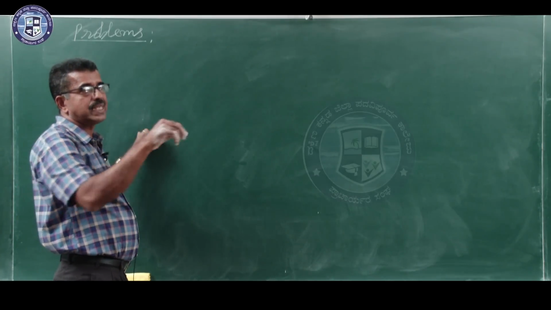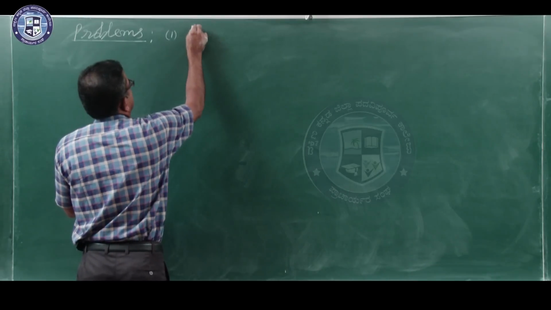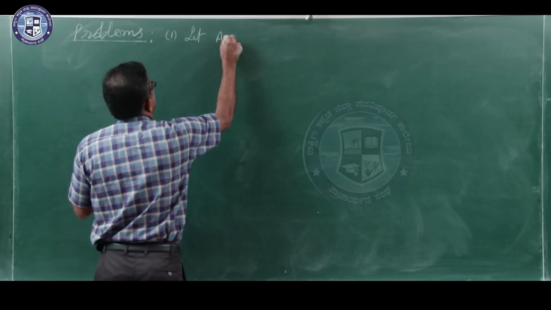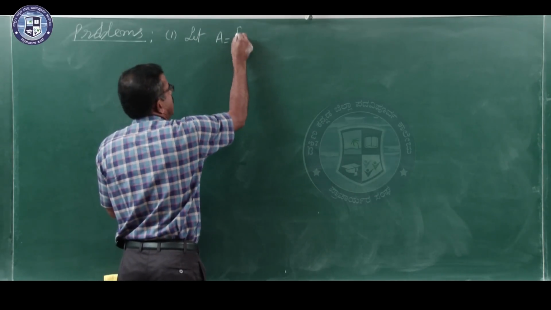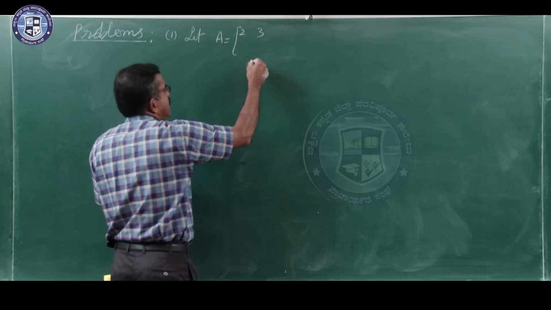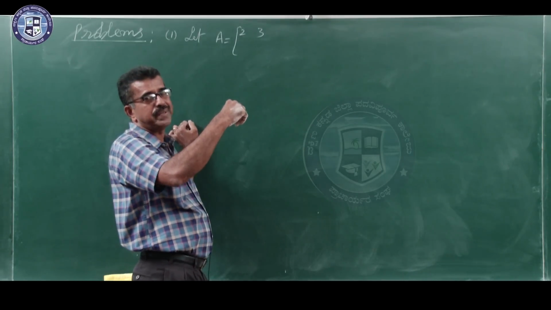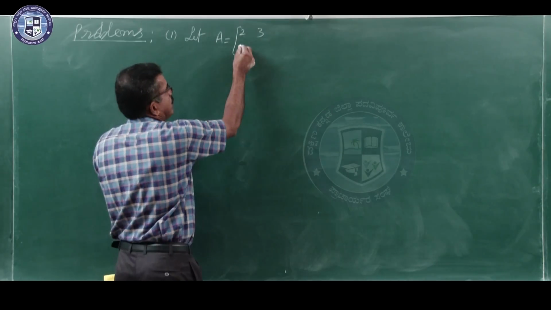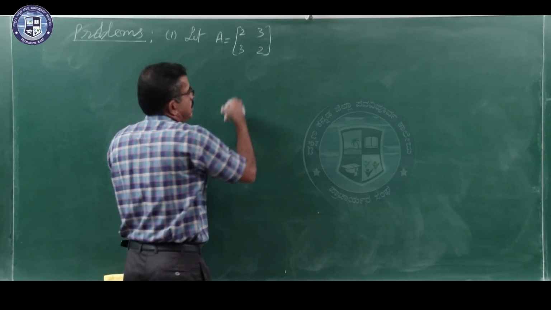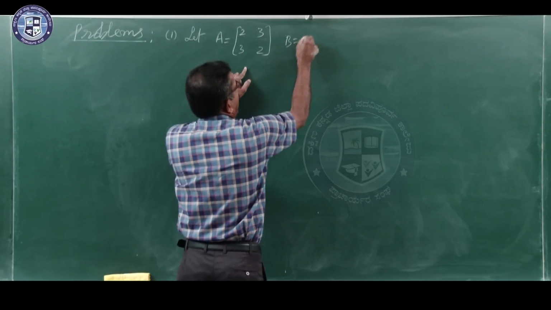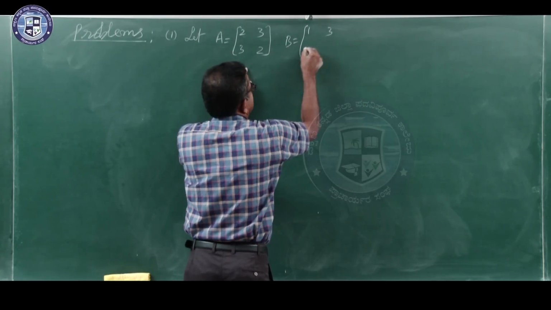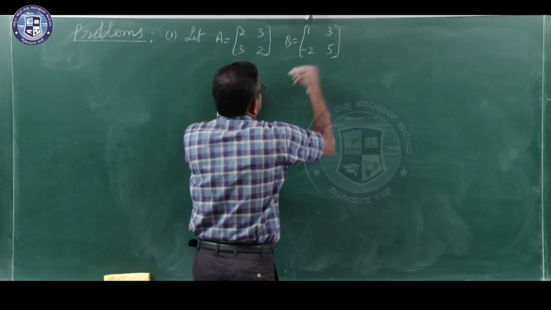Let me take one such example. I will take matrices of order 2 cross 2, simple cases. Matrix A is 2, 3, 3, 2. Matrices of order 2 cross 2 means there should be 4 elements. Let me take matrix B as 1, 3, minus 2, 5.